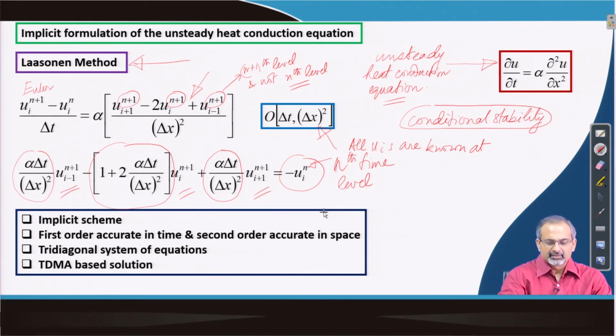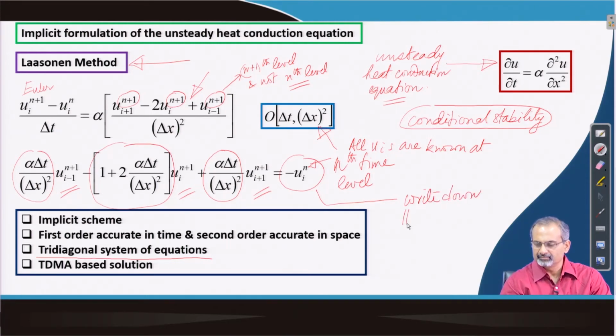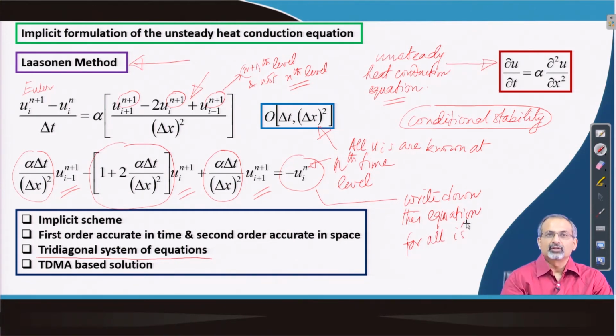Therefore, this gives you a tridiagonal system of equations when you write down this equation for all the i's. That would give you a tridiagonal system of equations, and we have discussed earlier how to solve them. So, we use the TDMA method for solution. So, we now have an implicit scheme.